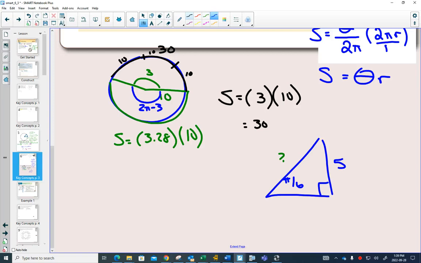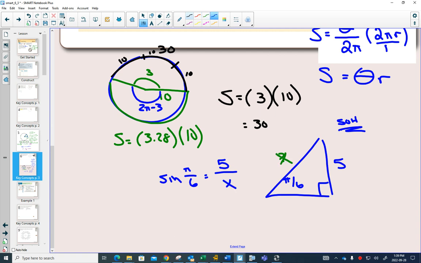Right, you've got opposite, you want to find hypotenuse. SOHCAHTOA, you'd use sine. Sine of the angle, pi over 6, equals 5 over, I'll put an x here, x.